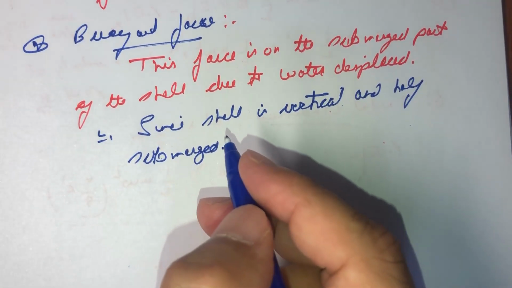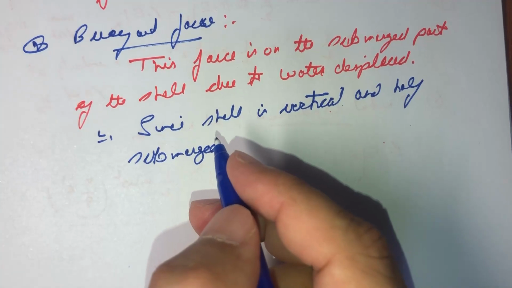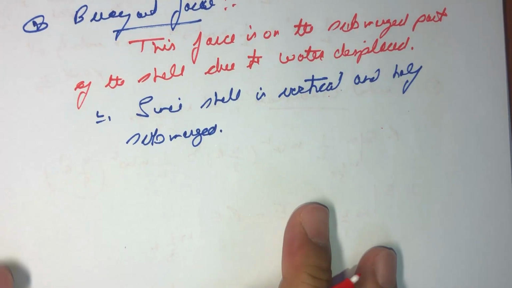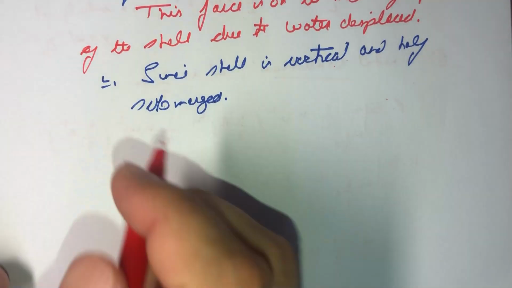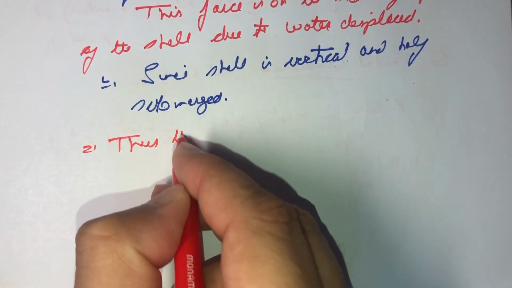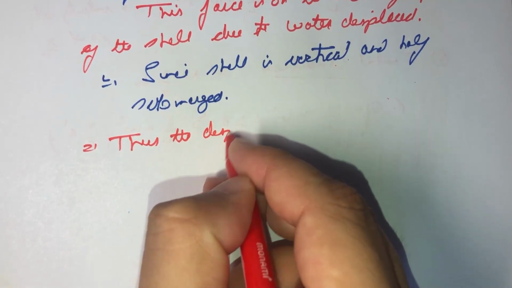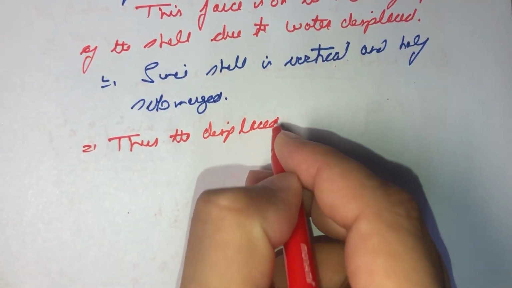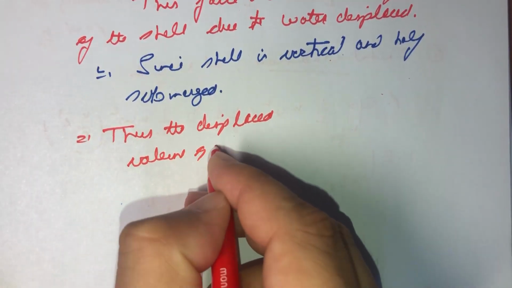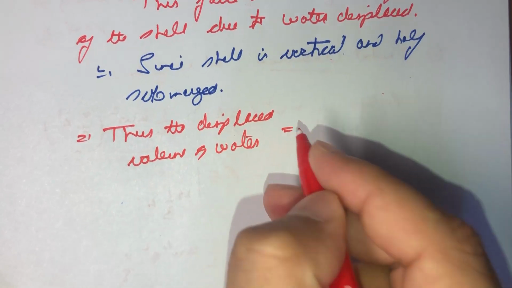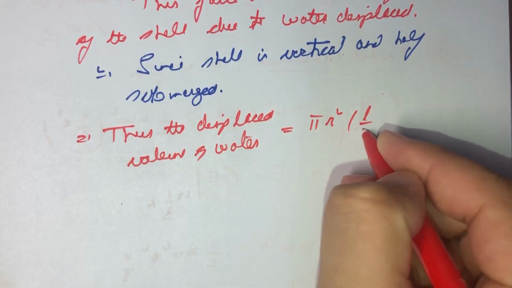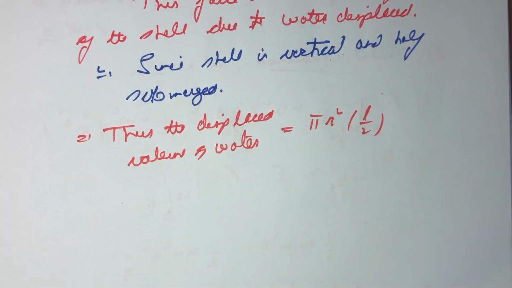Therefore we can say that the displaced volume of water will be equal to pi r square multiplied by L by 2, because it is half submerged.